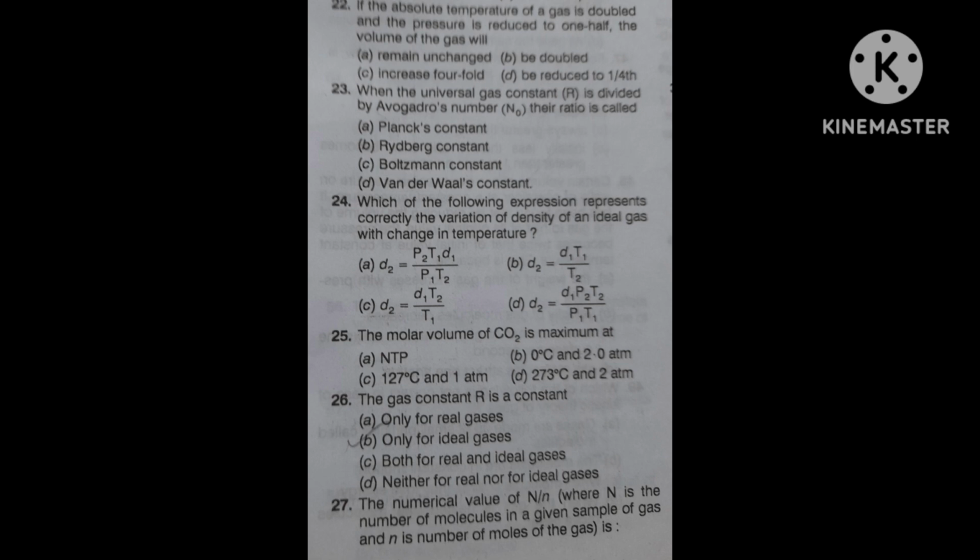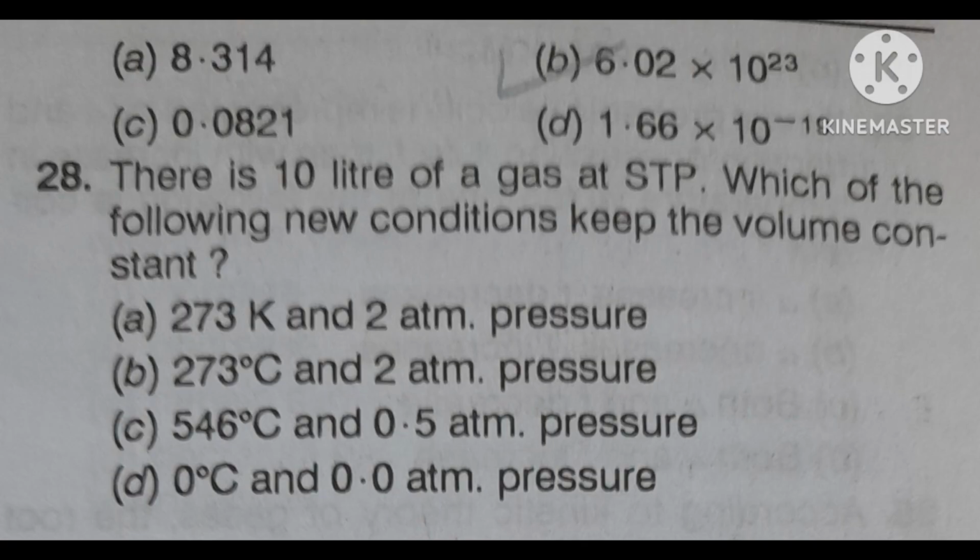Again, one more time I am reading the question. The numerical value of N upon n, where capital N is the number of molecules in a given sample of gas and small n is the number of moles of the gas, is: first option 8.314, second option 6.02 into 10 to the power 23, third option 0.0821, fourth 1.66 into 10 to the power minus 19.